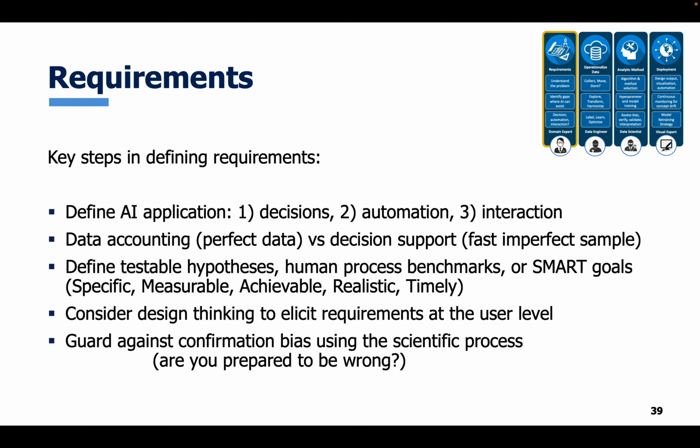If I'm doing data accounting, I need to have perfect data for whatever audit requirement I have. If I'm doing decision support, it might be more efficacious to have a sample of imperfect data that I can make decisions off of faster and quicker, and I don't need that data perfection. That decision right there is going to have implications in the type of data architecture you do, the cost you're going to have in your program, and how much effort you have in the data step.